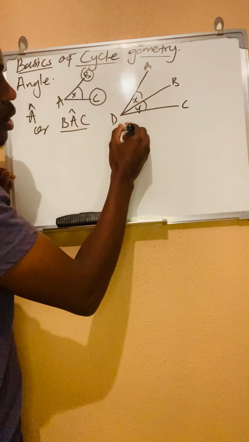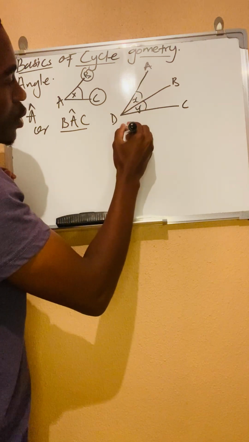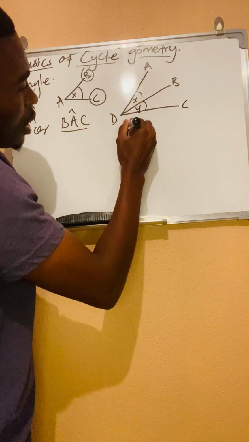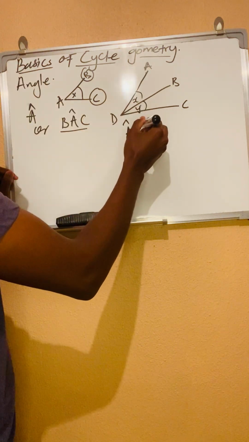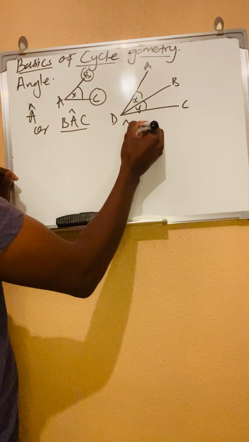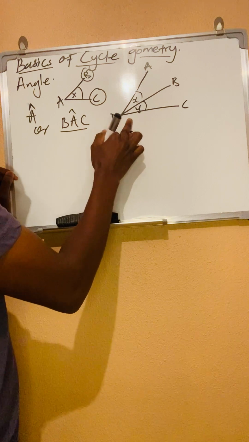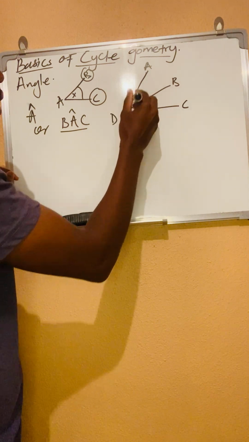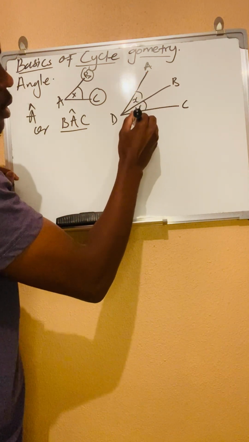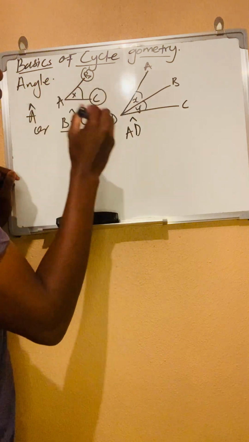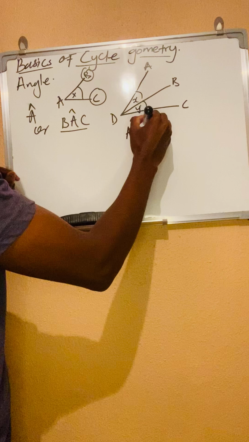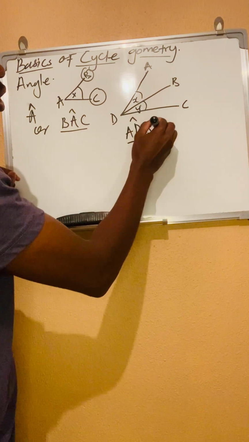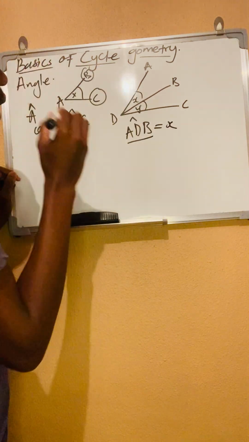So which means your angle X is gonna be A. You start with A, alphabetical. Then D, because D is the one that is between A and B. Then you have B. This is your X. What about Y?